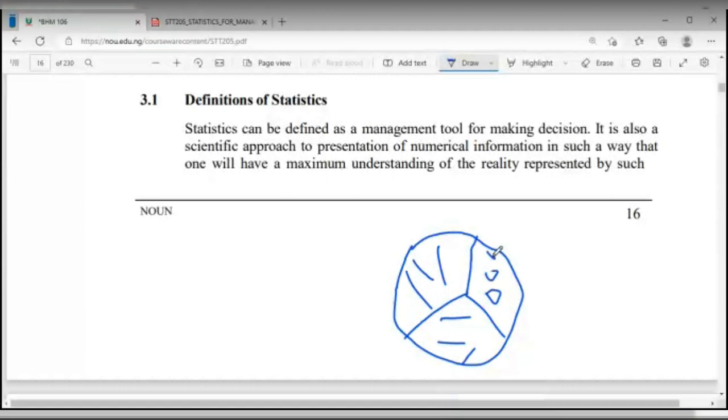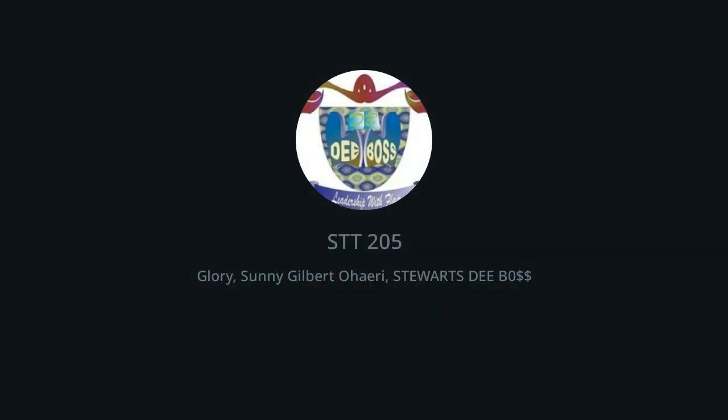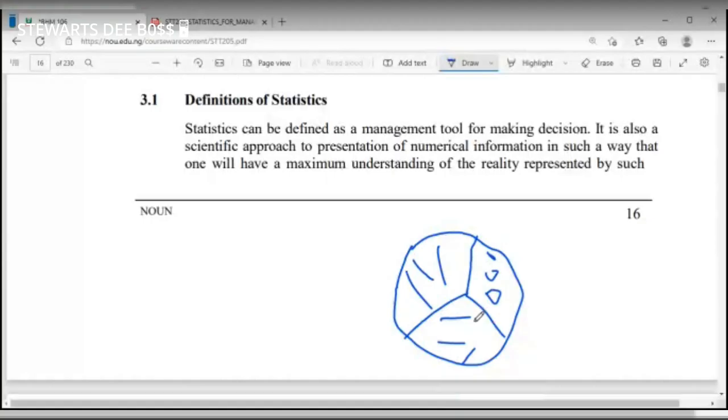And then each one might represent something. Maybe this one represents yam, this one represents beans, this one represents rice, something like that. So it shows the quantity of food being consumed over time in a particular household.